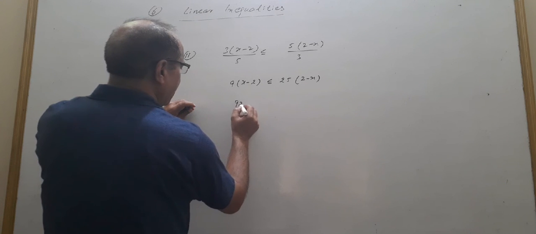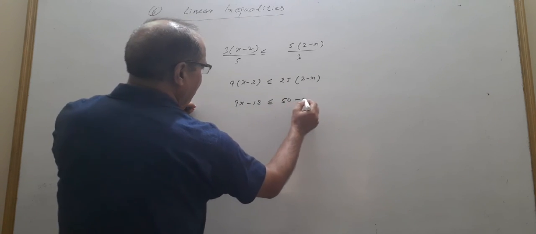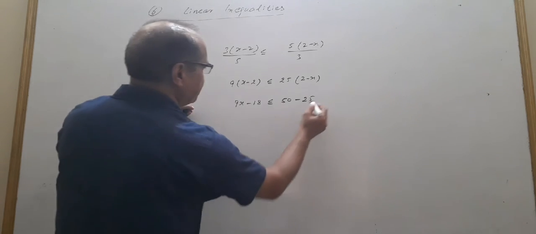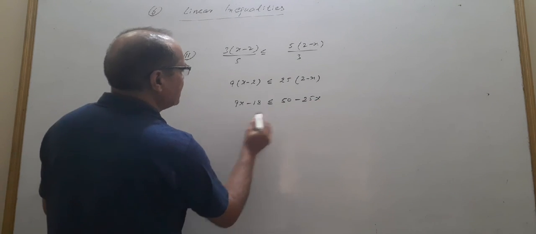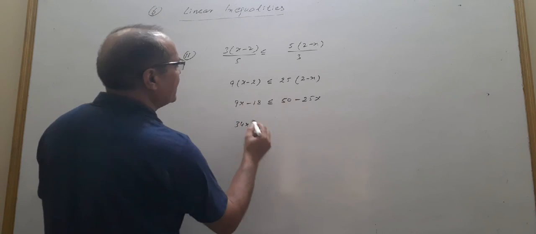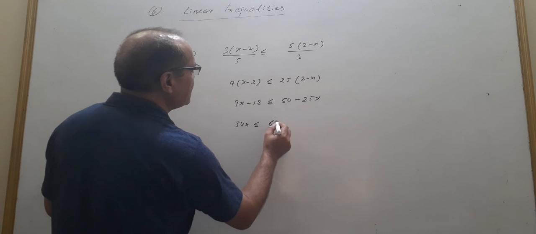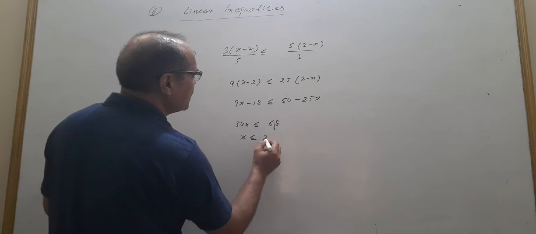Then this becomes 9x minus 18 is less than equal to 50 minus 25x. I think it's clear. Now shifting the terms, this becomes 34x is less than equal to 68. Then what is x? Less than equal to 2.